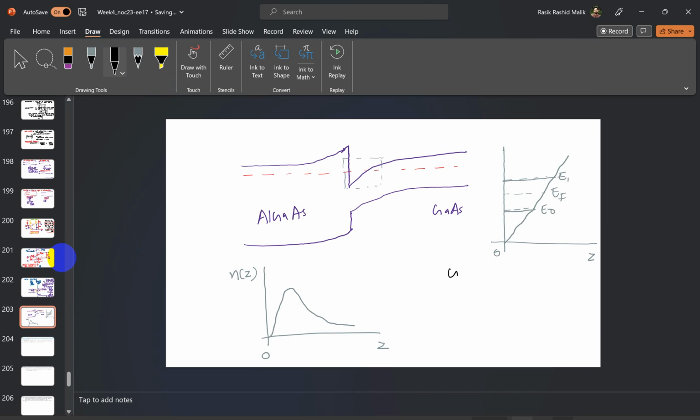We know that gallium arsenide is lightly doped. So that means this 2D electron gas that we have, this Nz, is in a region of low impurity doping.